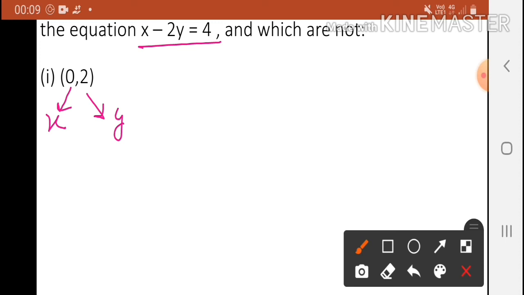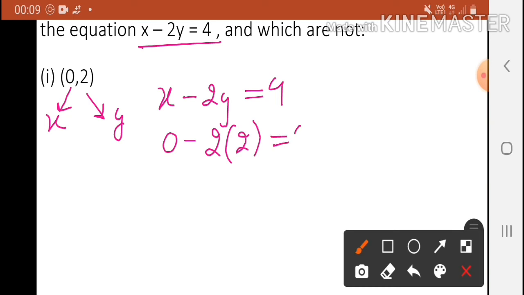So your equation is x minus 2y equals 4. x is 0, 2 multiplied by y is 2, equals 4. Minus 4 equals 4.